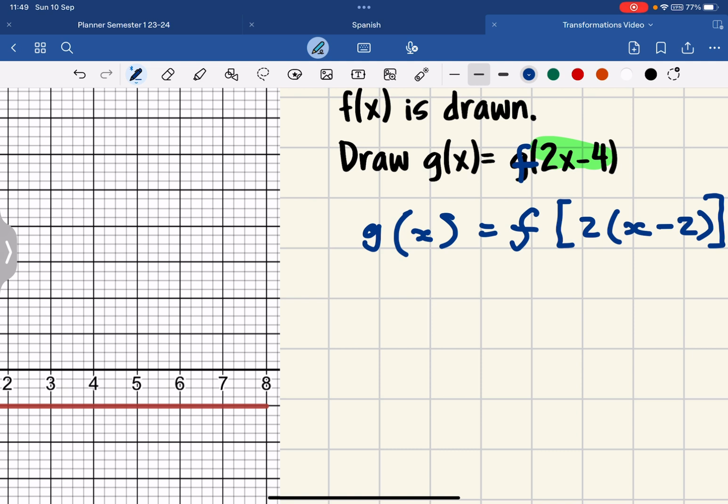Now what's happening here is that this 2 here, that's doing a dilation horizontally by not 2, but by half.